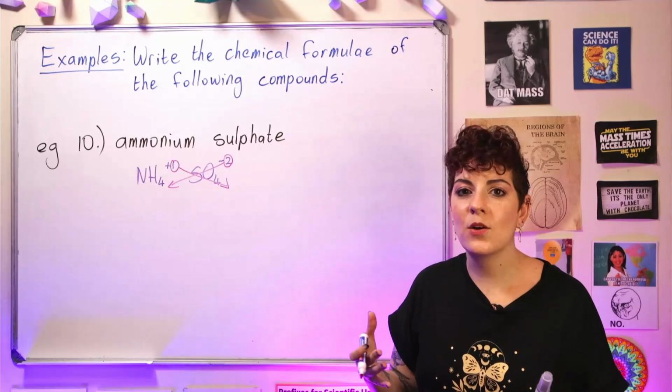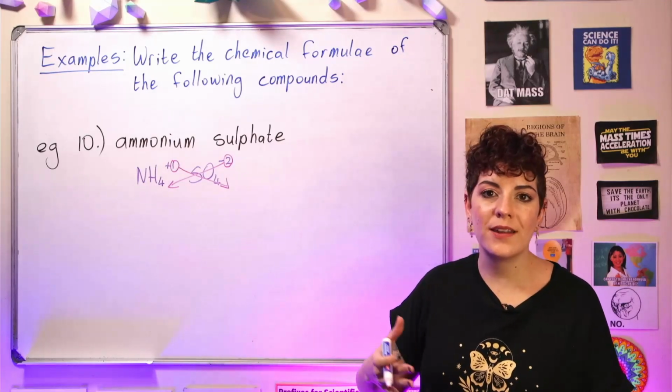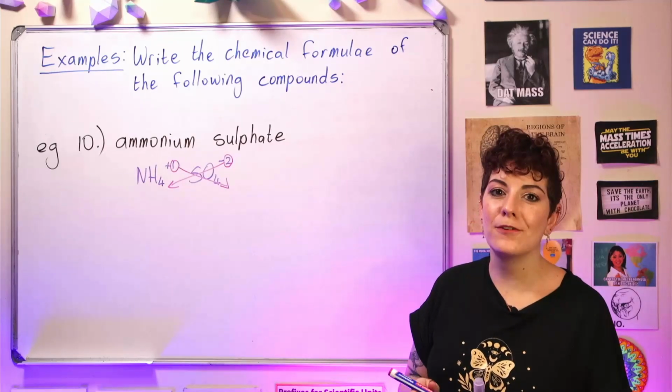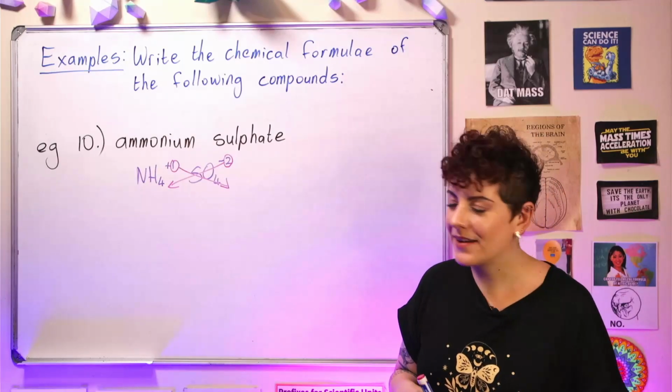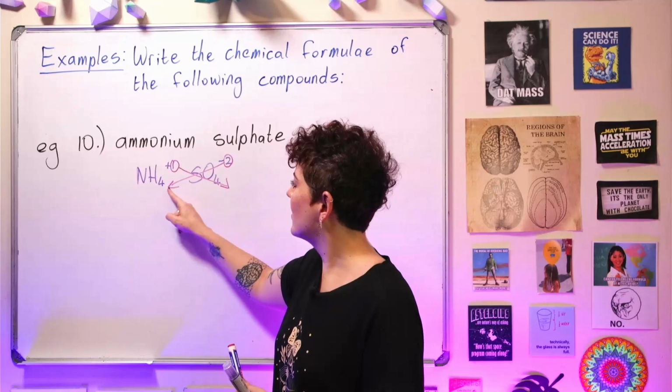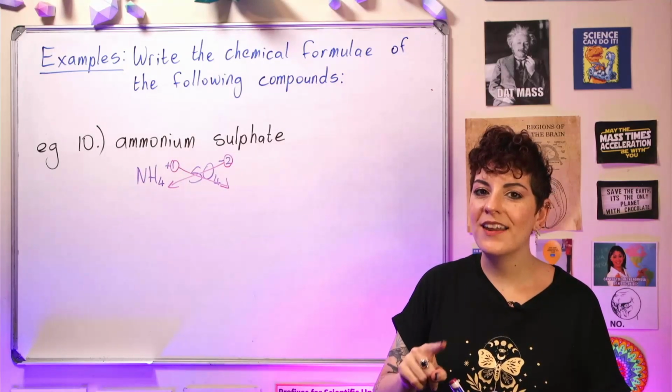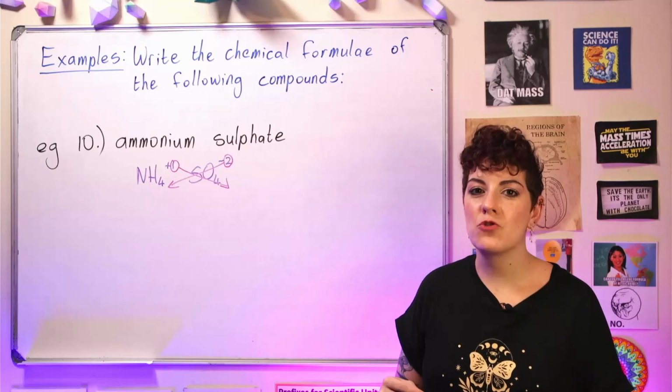And there isn't a way to simplify the numbers 1 and 2, so those will be the subscripts that appear in our final chemical formula. Now remember, if you can see that you're going to land up with more than one polyatomic ion, then you have to put it in a bracket.